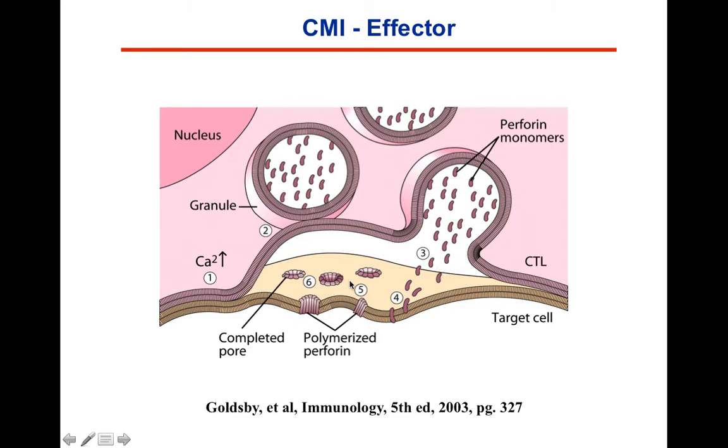Now, we've already seen how pores are very important for complement, and now we see for the CMI they're important here as well because they get formed in the host cells, and they lead to the destruction. The loss of the integrity of the membrane occurs. Water flows in and out, ATP flows out, calcium flows out, all those things which are extremely bad for the target cell.